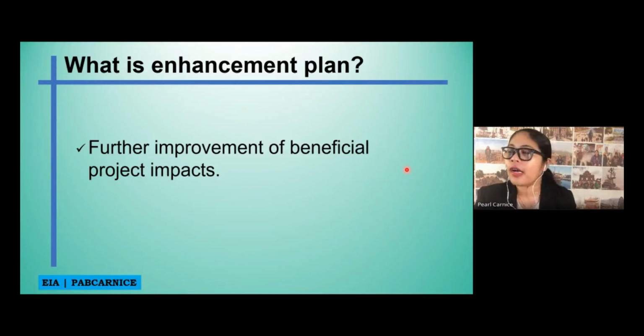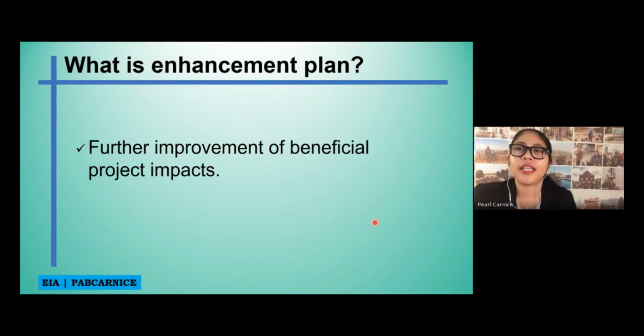An example of enhancement activities that can be included in environmental management plans could include, for example, enhancement planting if a certain forest or a certain vegetation is being affected, or we can also introduce new recreational facilities.